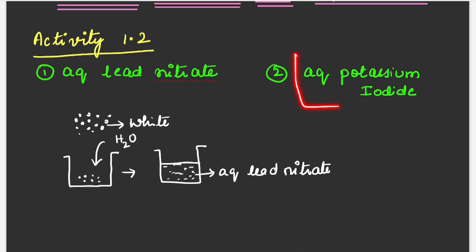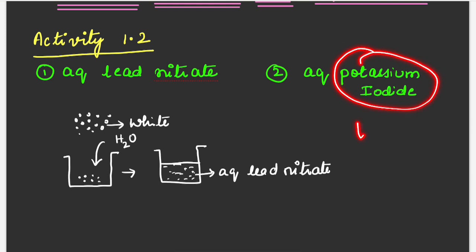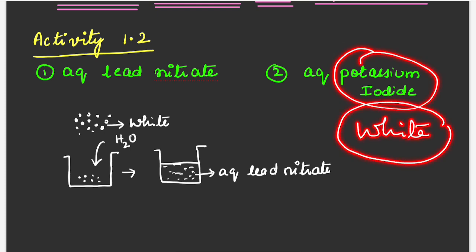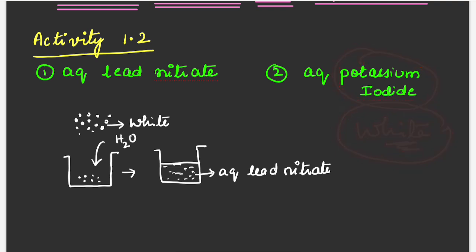In the same way we are going to prepare aqueous potassium iodide. Again, potassium iodide is a white crystalline salt. Into it you have to add water and dissolve it. Again you will get a colorless liquid. Let me prepare that also. Here we are going to take a beaker.